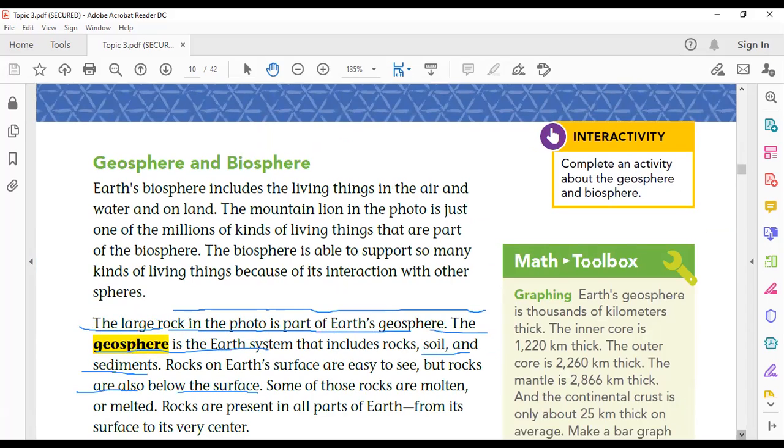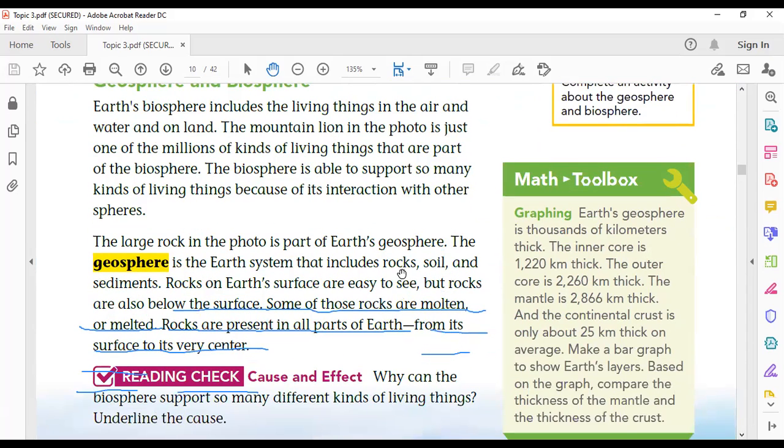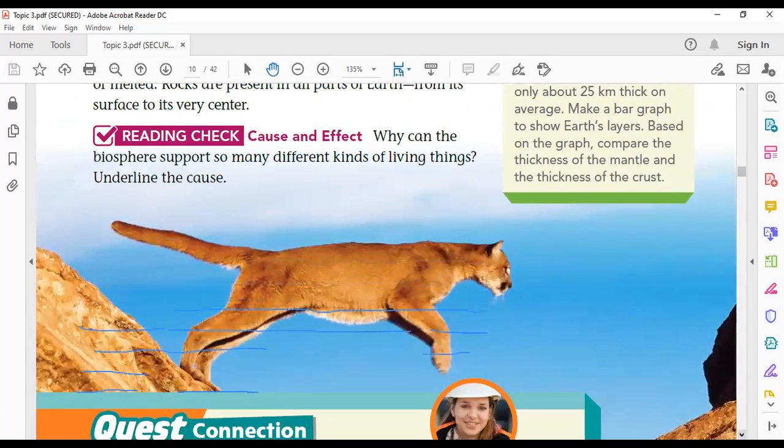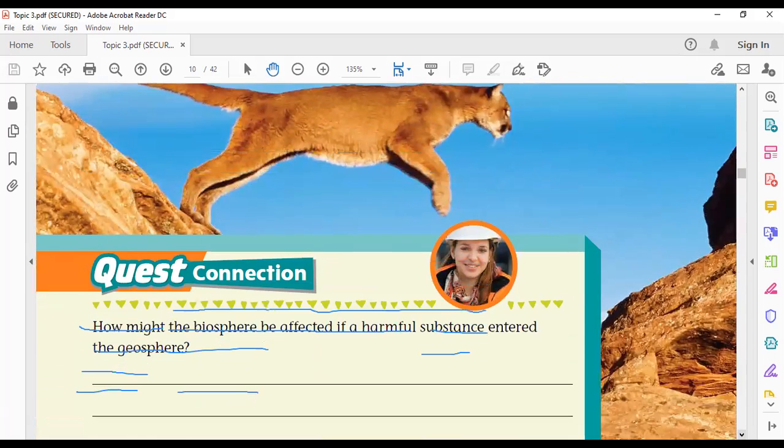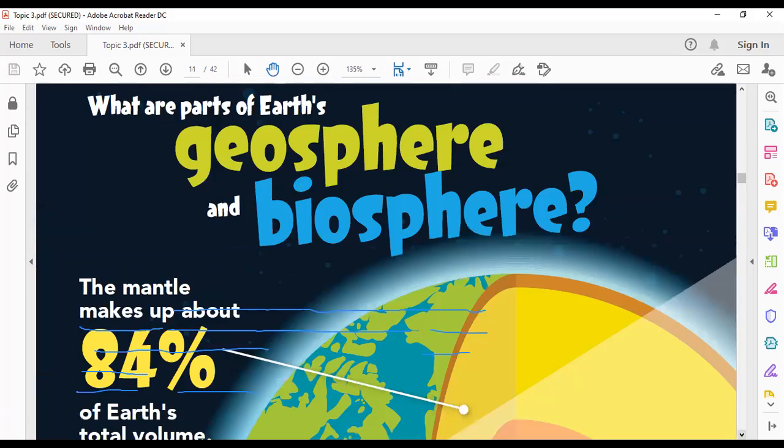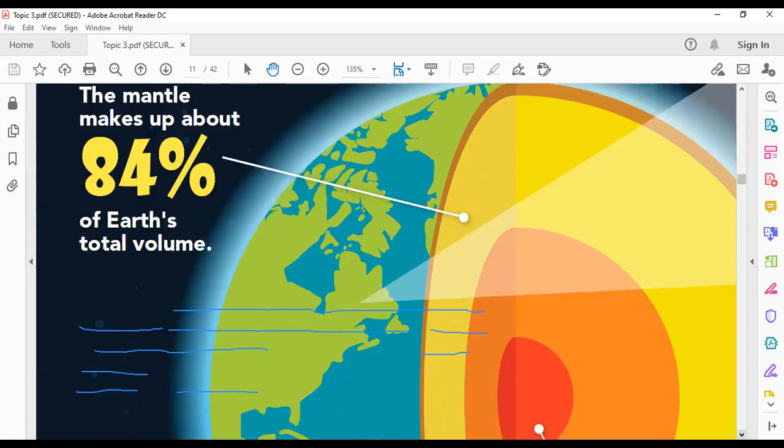The geosphere includes rocks, soil, and sediments. Rocks can be found on Earth's surface and under the ground. Some of those rocks are molten, like magma. Okay, that's all. Inshallah, tomorrow or on Sunday, we are going to talk about the geosphere in more detail.